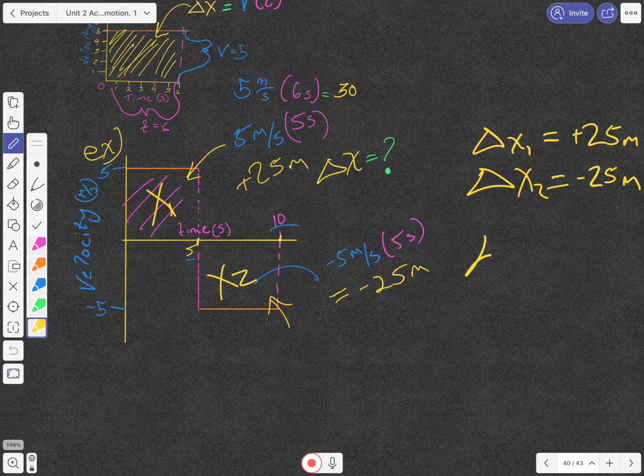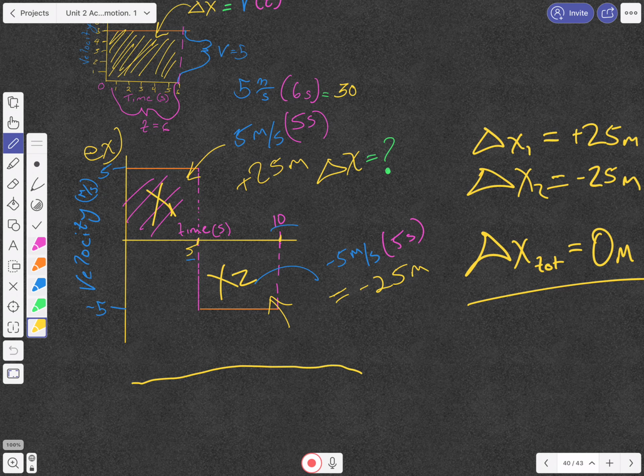So our delta x total is going to equal, well, 0 meters, because 25 plus negative 25 is going to get you that. And this might look like an object that is going 5 meters per second this way, and then turns around, and ends up right back at the starting point.